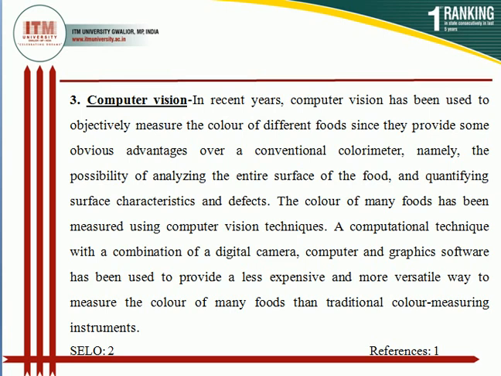The color of many foods has been measured using computer vision and computational techniques, with a combination of a digital camera, computer and graphic software providing a less expensive and more versatile way to measure the color of many foods than traditional color measuring instruments.